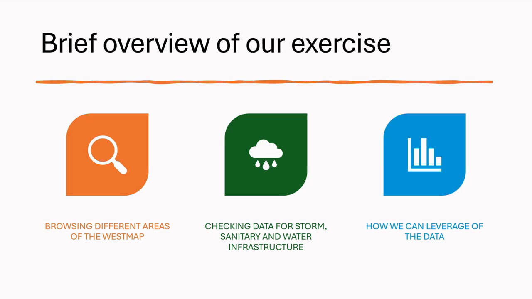You will have the opportunity to learn through an interactive environment. We will be checking data for storm, sanitary and water infrastructure, and I will demonstrate how we can leverage the data.